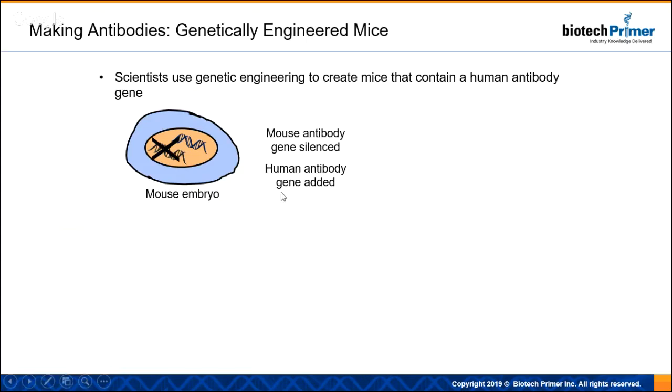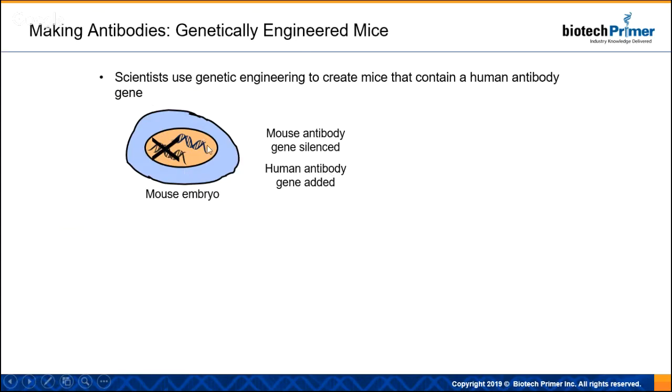And so this led to the development of genetically engineered mice, where using CRISPR or other types of gene silencing techniques, we can actually knock out or silence that mouse antibody gene and splice in a human antibody gene.